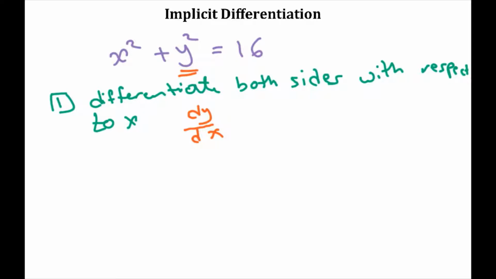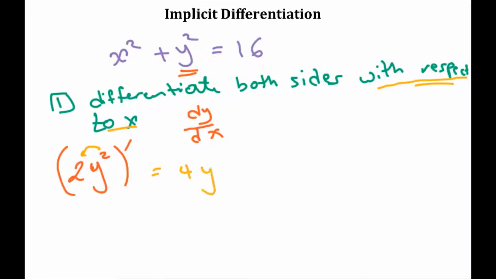For example, say that you wanted to differentiate the term 2y squared. You're going to say, okay, it's 2 down with respect to x, remember? So it's going to be 4y to the power of 2 minus 1, which is 1. And then you will multiply by dy over dx. Or you can multiply it by y prime.